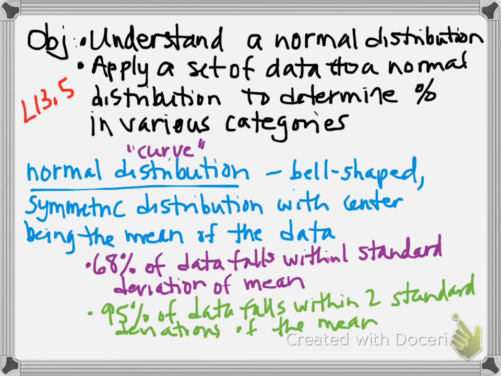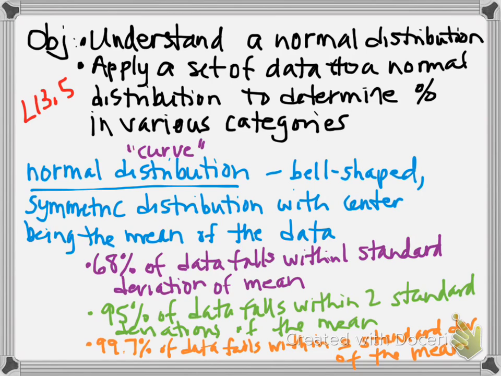And then you would think the last number would be 100, but it's not, because there's always little things. So we've got 99.7% of data falls within 3 standard deviations of the mean.